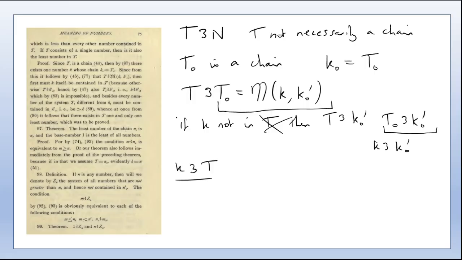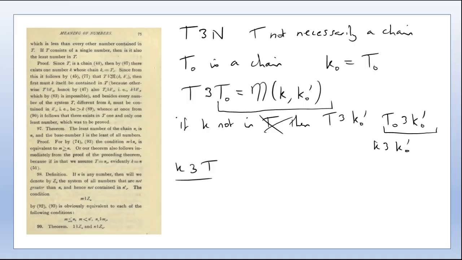Theorem 97: the least number of the chain N0 is N, and the base number 1 is the least of all numbers. For by 74, what's 74? Is that every number N is contained in its chain.